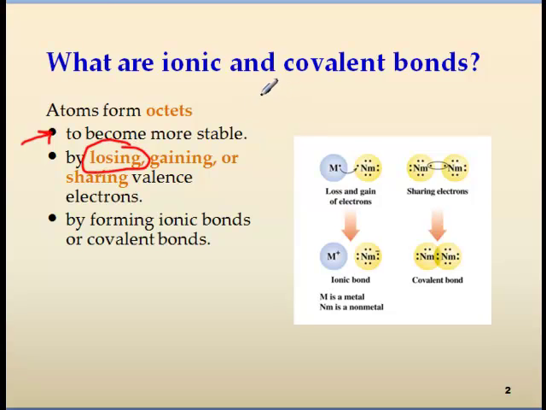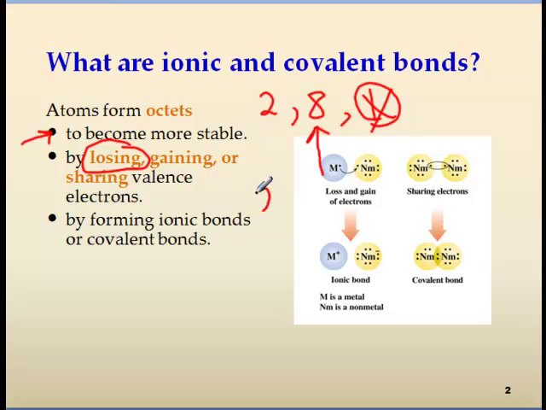For example, if this is an atom that has 2 in the first shell, 8 in the second shell, and 1 in the outer shell, then if it loses this 1 electron, it can get the configuration of 8. However, notice what's happened. From 3 shells, it got down to 2. So its atomic radius is going to decrease.